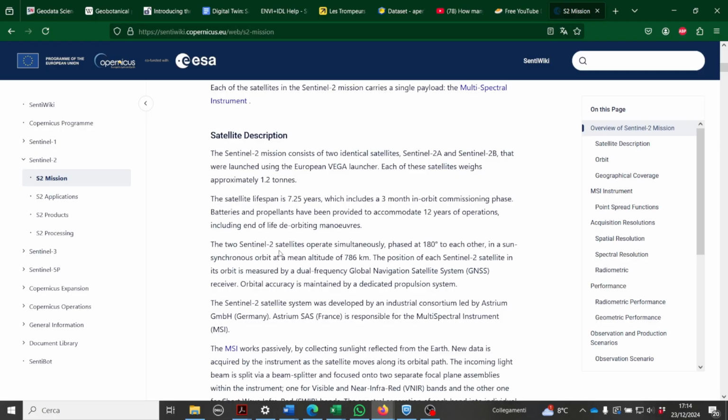So the two Sentinel-2 satellites operate simultaneously, phased at 180 degrees to each other in a sun-synchronous orbit with a mean altitude that you see here, it's around 786 kilometers. So that means that they are working, doubling the, as we will see, the temporal resolution, having two satellites that are acquiring the same kind of data because they have on board the same MSI instruments.